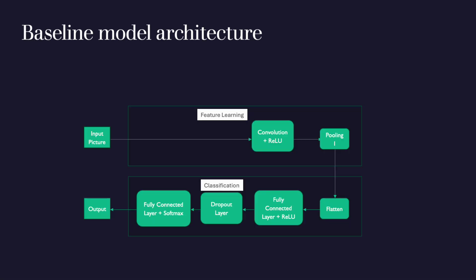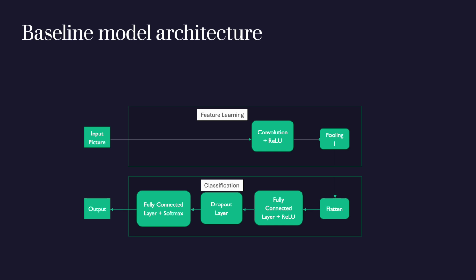Moving on to our CNN architecture, our baseline model consists of the following layers. Input layer. This is the layer in which the image was fed as input. Convolution plus ReLU. We apply convolution operations followed by the ReLU activation function to introduce nonlinearity. Pooling layer. A pooling operation, specifically max pooling, is used to reduce spatial dimensions. Fully connected layers.